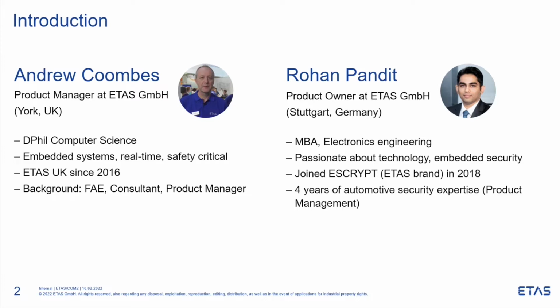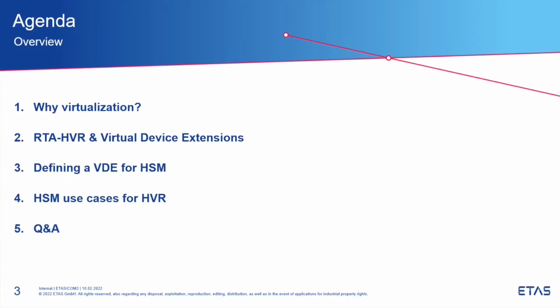So with that, let's get started with the webinar today. On today's presentation, we have the following agenda. We first start with the question about why virtualization. So what is the relevance of virtualization in the next generation of EE architecture?